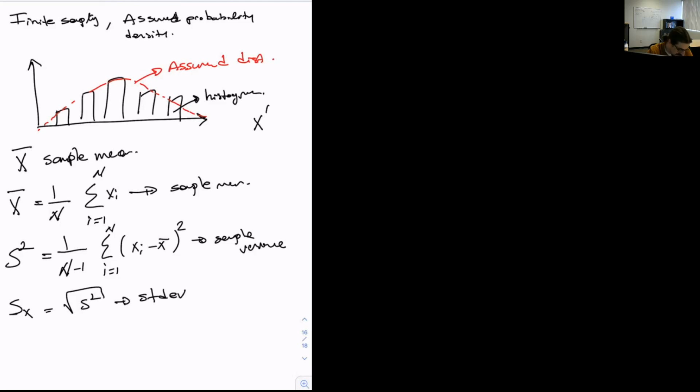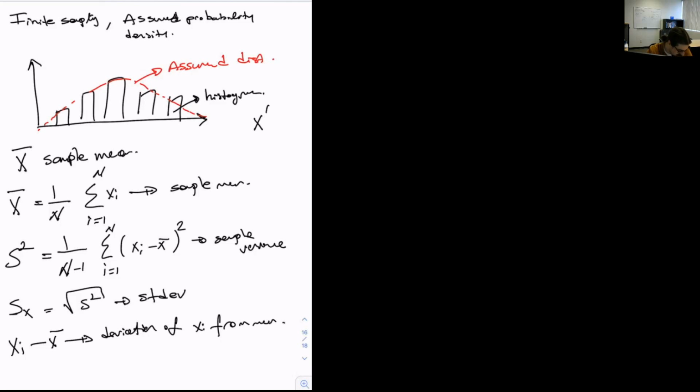The deviation between the mean and any given sample is then xi minus x bar, and that's the deviation of sample xi from the mean.